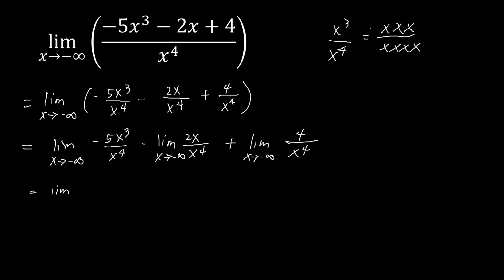So we are actually canceling those that are the same. So we have that one, which is left. So we have that as a 1. We don't have an x anymore at the top, but we do have an x at the bottom part. So that's 1 over x. So having that 1, we still have a negative 5 here. Negative 5 times 1, that's a negative 5 over x. And then we have x approaches negative infinity.